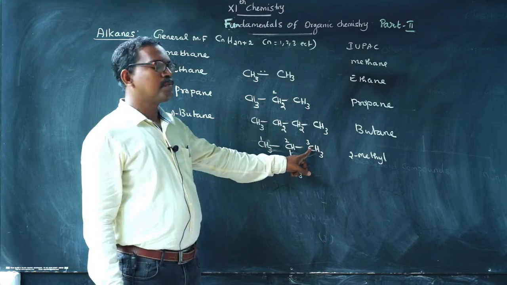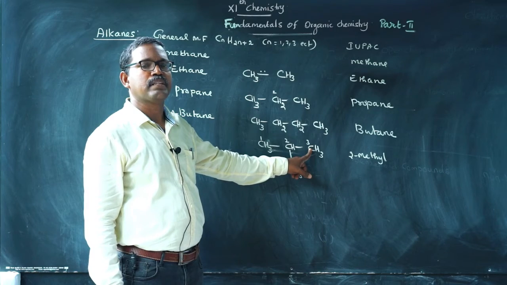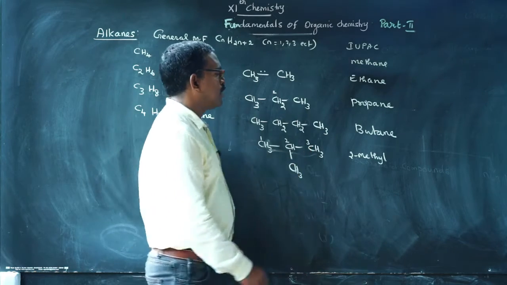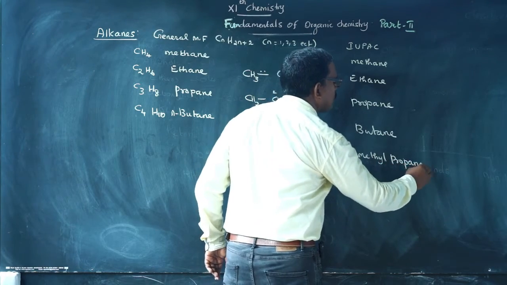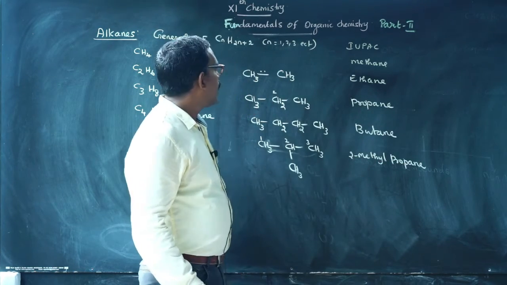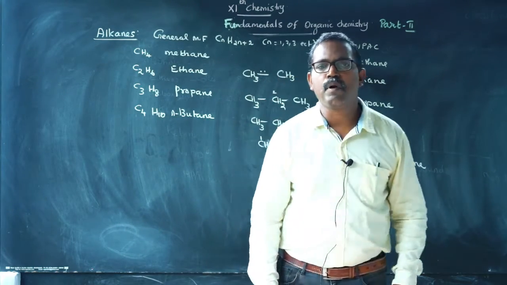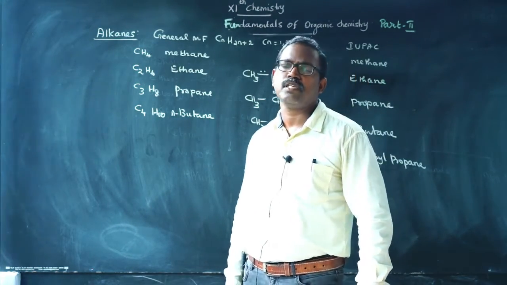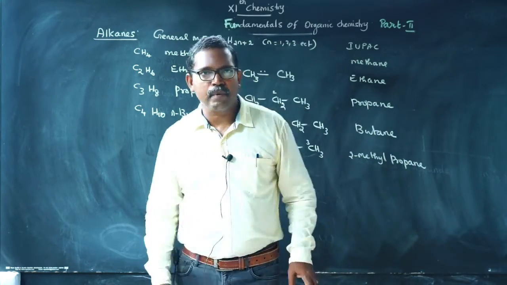The straight chain consists of 3 carbon atoms. The parent hydrocarbon with carbon number 3 is propane. The name of the compound is 2-methyl propane. In modern terminology, you must know the bond line representation of these compounds. Simply we write the carbon backbone.